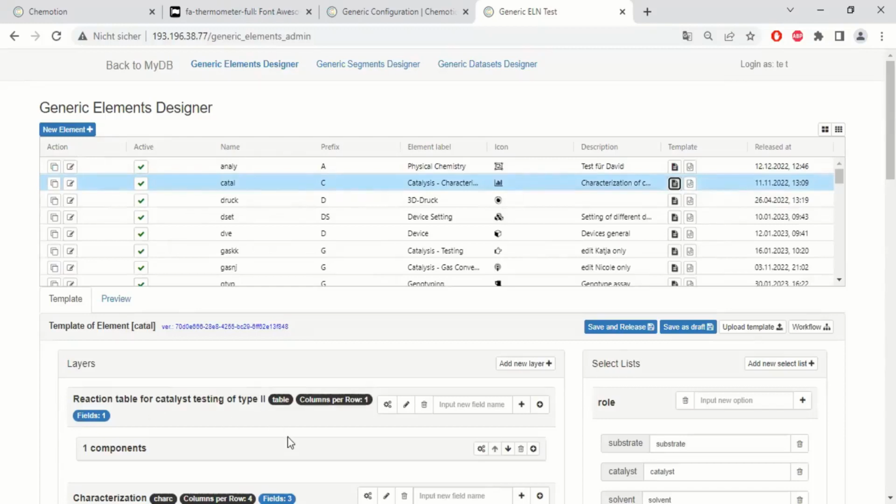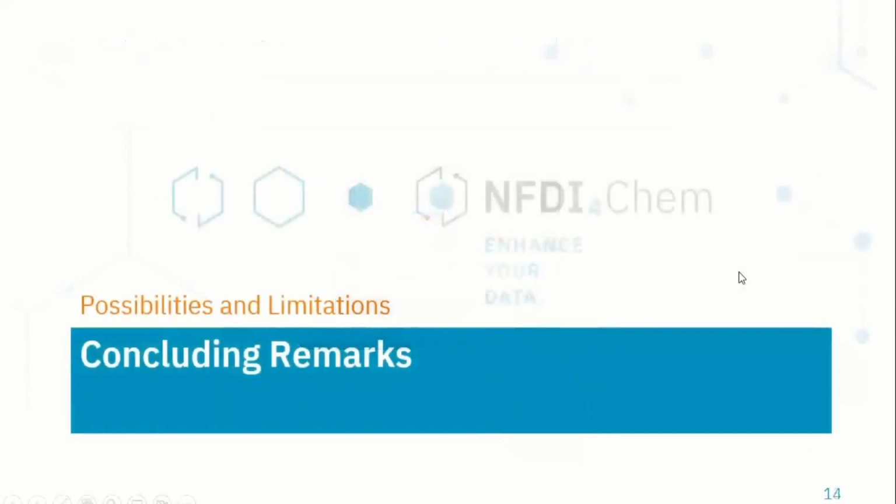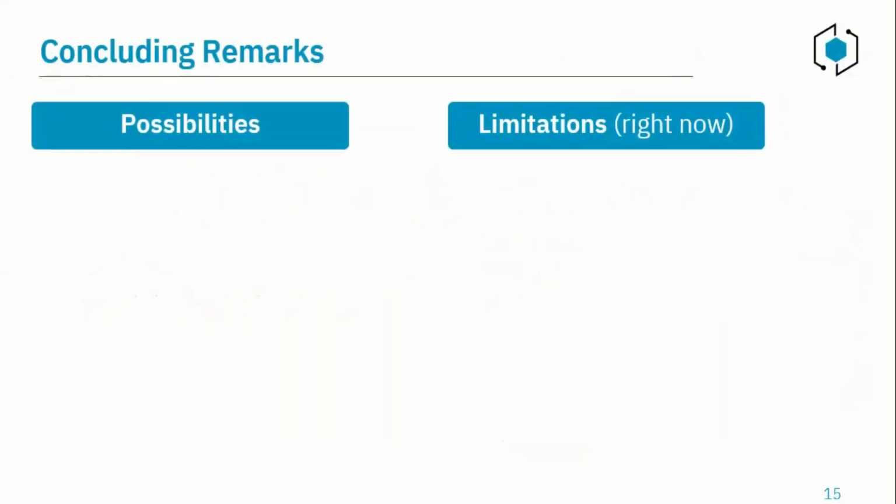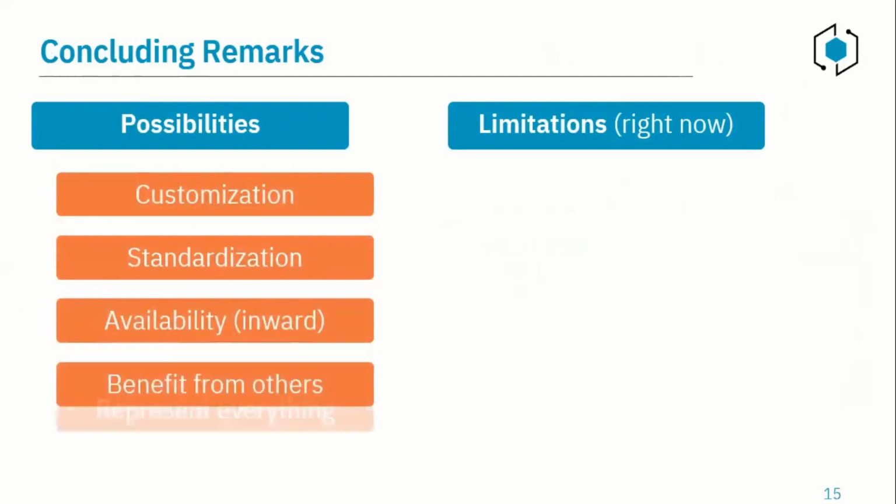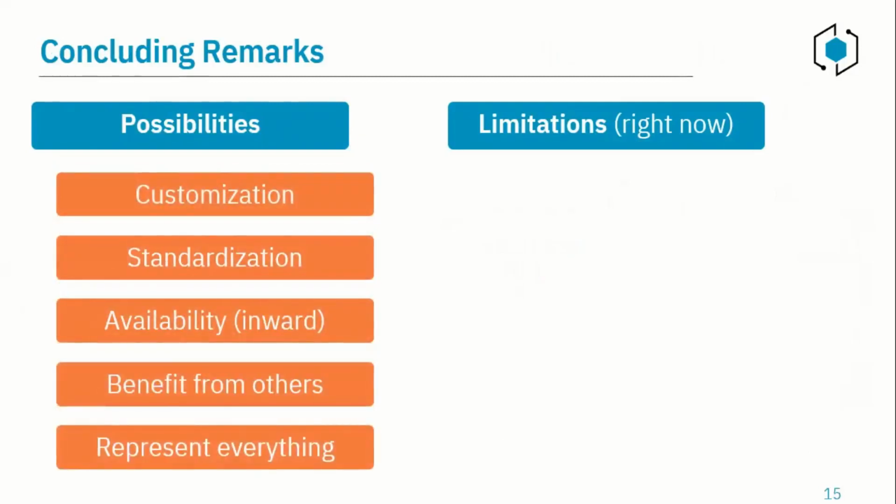I shortly change now again to the presentation for some concluding remarks on the possibilities and limitations of the generic elements. Starting with the possibilities, you might have seen most of them right now. There is much more about the ELN than just the default settings, so you can customize everything as you need.